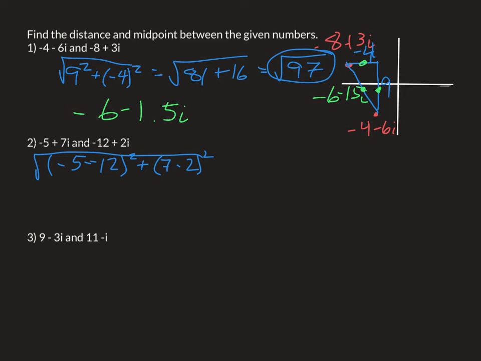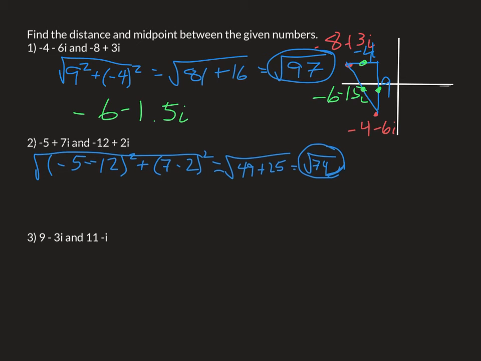So this works a lot like the Pythagorean theorem, the distance formula, and so on. -5 minus -12 gets me 7. 7 squared is 49. Plus 7 minus 2 is 5. 5 squared is 25. If we add 49 and 25, then I get the square root of 74. So that's the distance between those two.